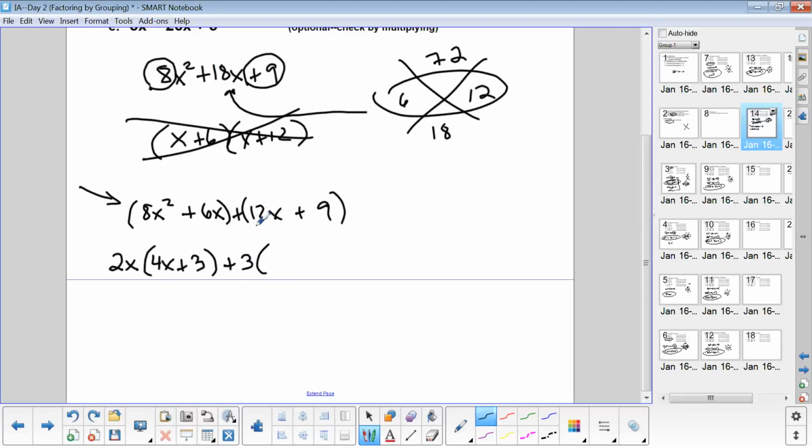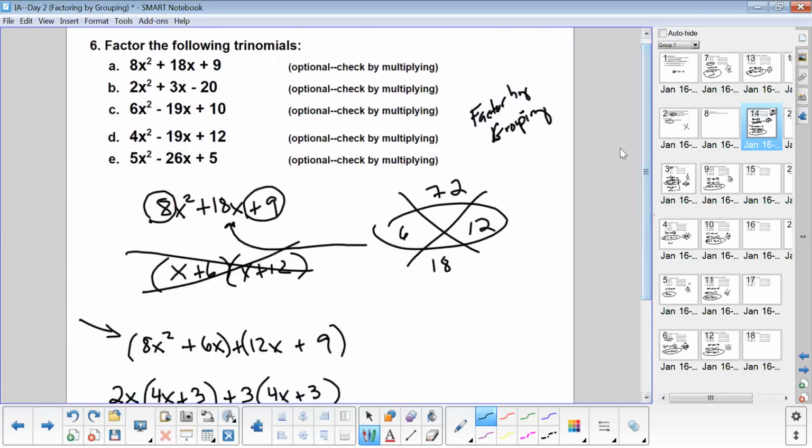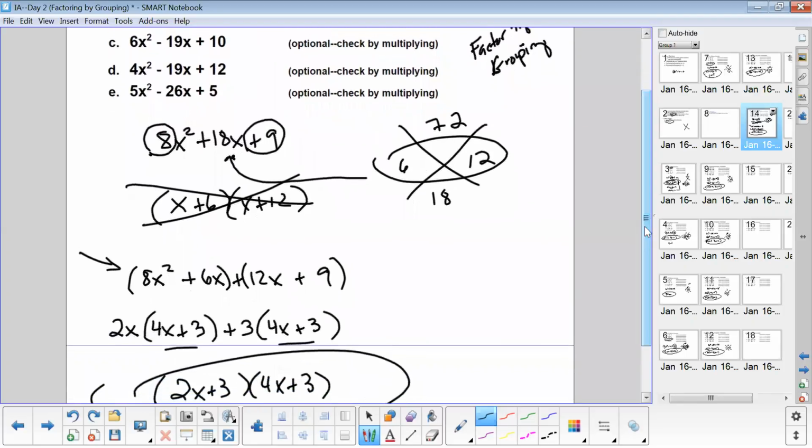So this would be 12x divided by 3 would be 4x. 9 divided by 3 would be 3. Notice they match up. So you're left with 2x plus 3 and 4x plus 3. This would be the factored form of example number 1. A little bit more of a process with that. Why? Because A was not 1.